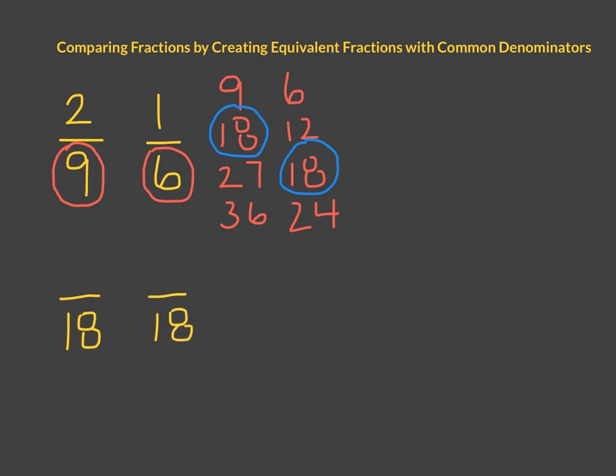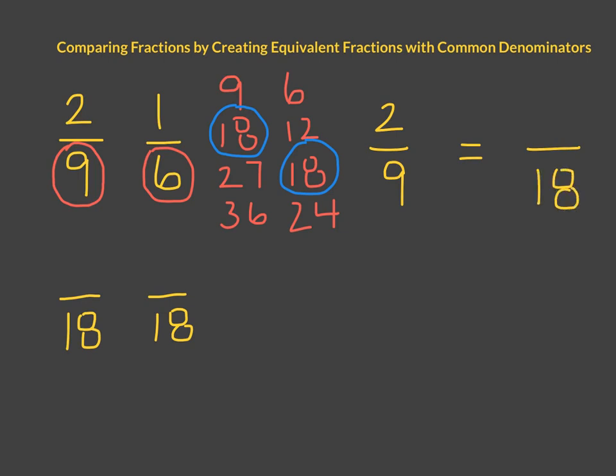The next step is going to be to determine the numerators in our equivalent fractions. 2/9 is equivalent to something over 18.